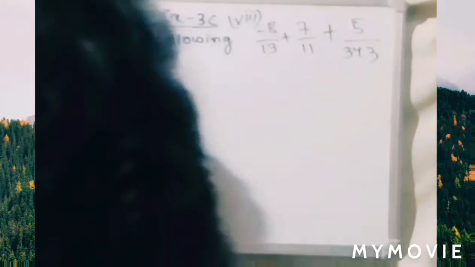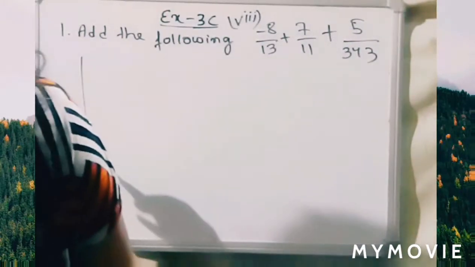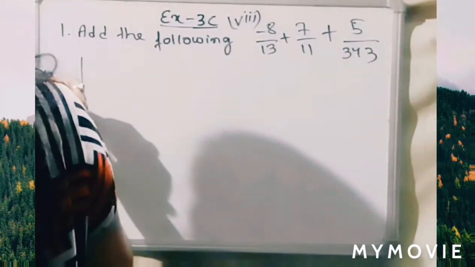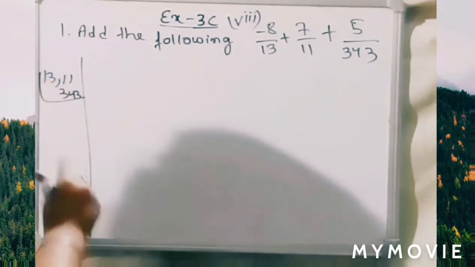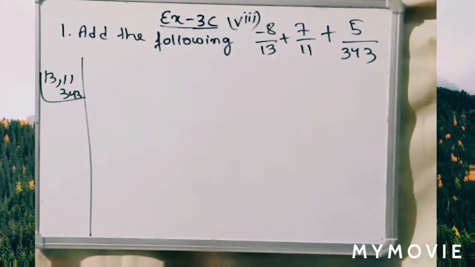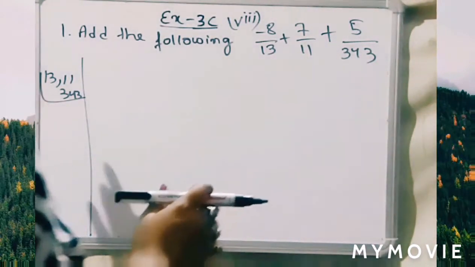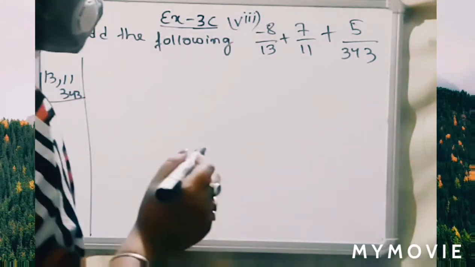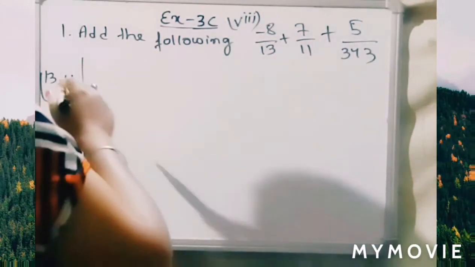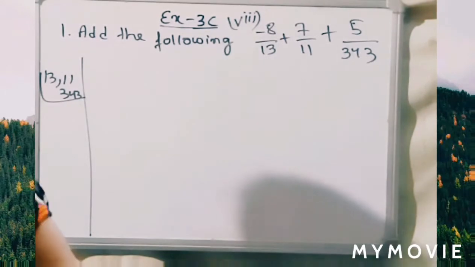Now, I am going to take the LCM of 11, 13 and 343. 13 and 11 are prime numbers, but 343 can be divisible. 343 is a multiple of 7.